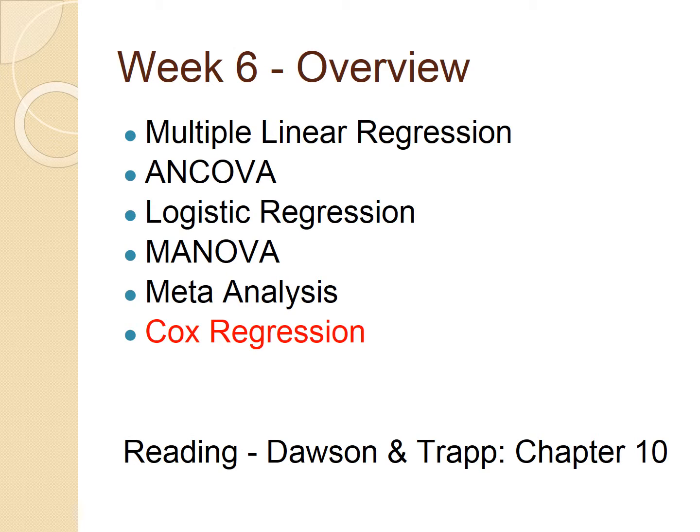ANCOVA is another multivariate analysis technique. It's called analysis of covariance. It's an extension of ANOVA in which the main effects and interactions are assessed on the dependent variable scores after the dependent variable has been adjusted for the dependent variable's relationship with one or more covariates or confounding variables.